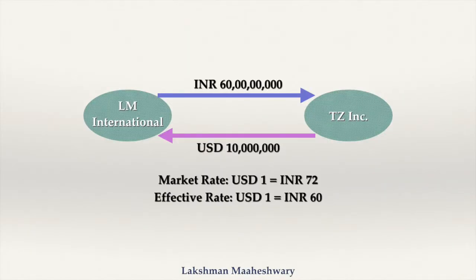For example, let us say that LM International provided TZINC with 60 crore INR in return for 10 million US dollars. The market rate was $1 equals 72 rupees, but effectively by this exchange, the spot rate is 1 US dollar equals 60 rupees.